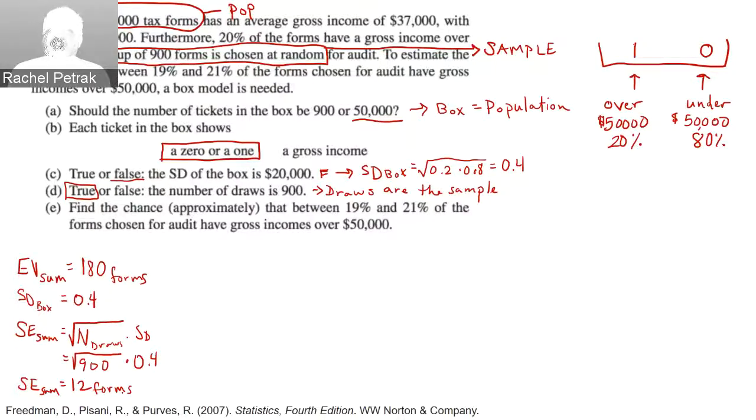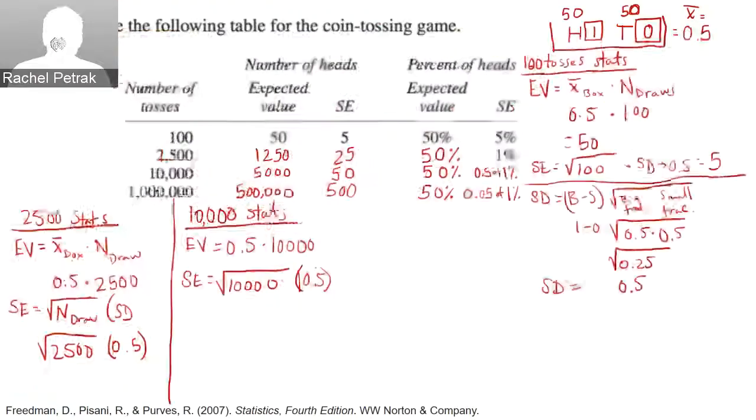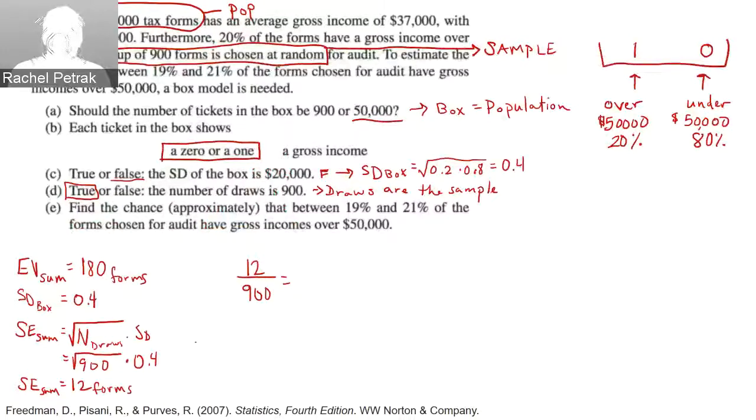Now, 12 out of 900 is about 1.3%. Whoa, what happened there?